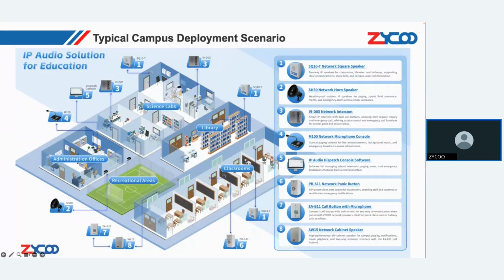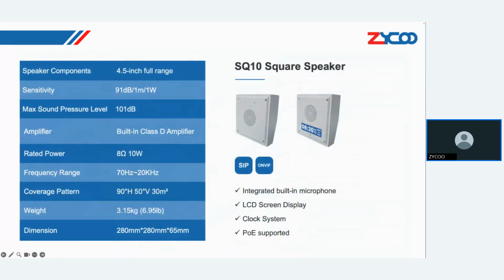Okay, and now let's focus on today's two key devices used in campus emergency response. The first one is the RG10 network speaker. We got two different devices, the RG10, the basic one, and we also got the RG10-Time. And these two devices are indoor wall-mount IP speakers designed for audio broadcasting and two-way communication.